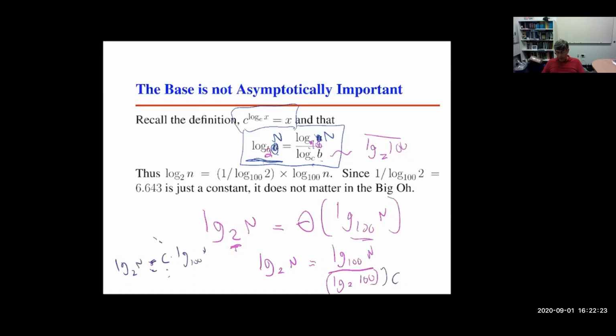That's where the theta comes from. If this is an equality relationship and this is a constant, then this is both an upper bound and a lower bound. This says that log base 2 of n is the same thing as log base 100 of n in the big O sense. Any questions about that?